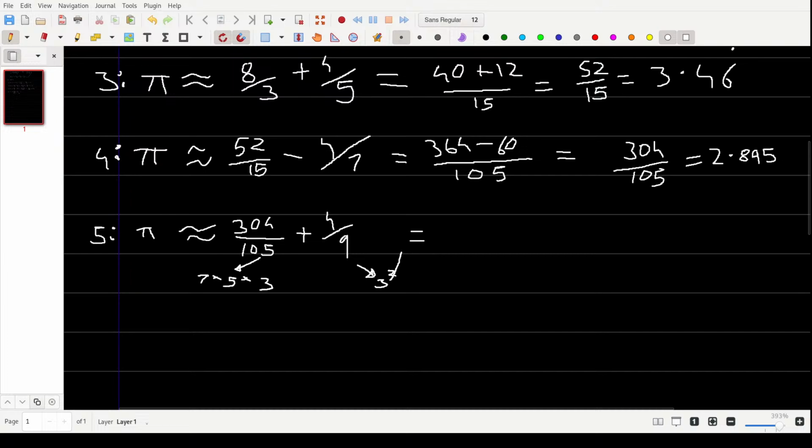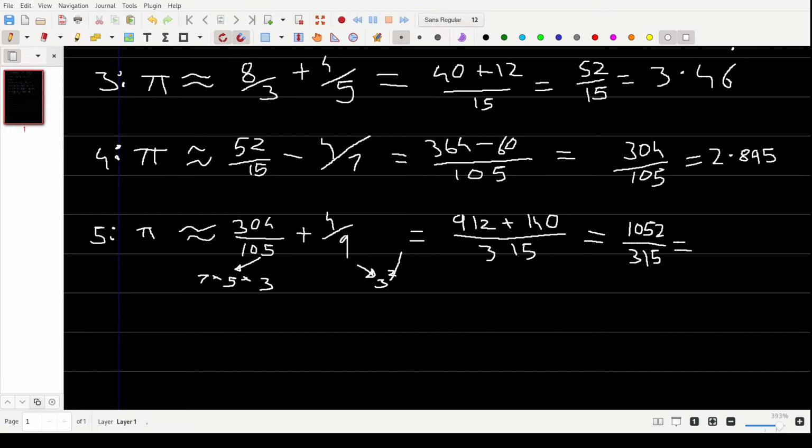But for both of these, you need to cancel the 3. So this is 35, this is times 3, so 9. 9, 12 plus 4 times 35, 140, over 315 equals 1052 over 315. There we go, that took longer than I thought it would.